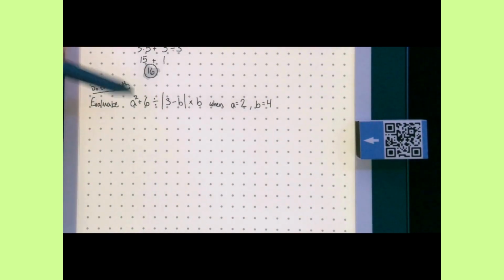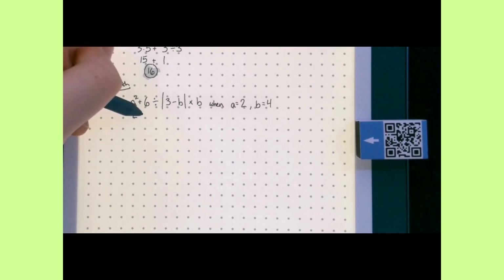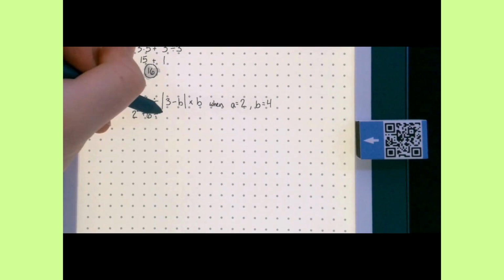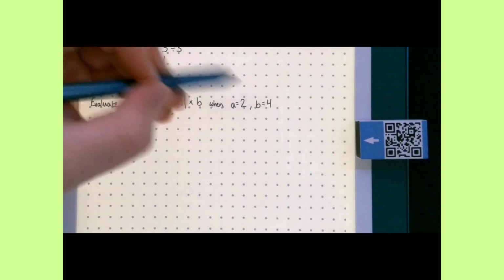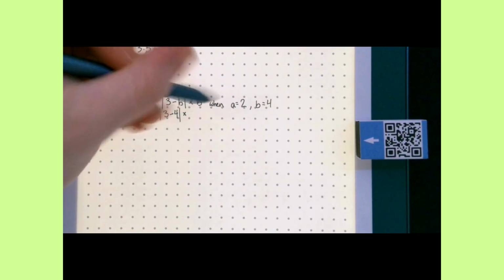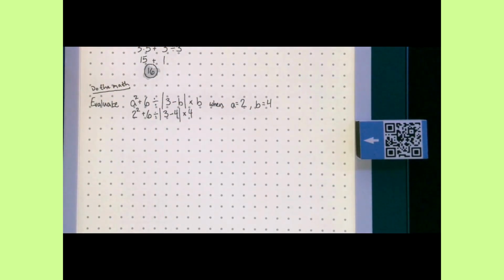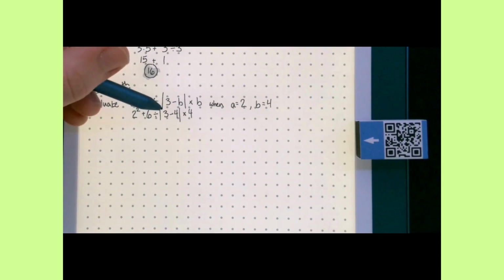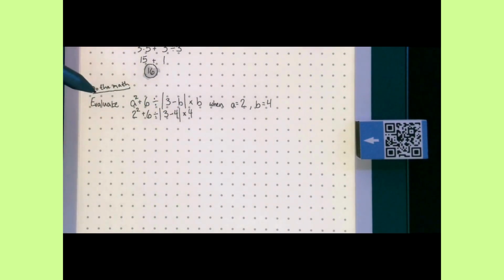So wherever I see an a, I need to write a 2, and it's squared, plus 6 divided by the absolute value of 3 minus, wherever there's a b, I write a 4, times, there's a b, so I write a 4. So that's 2 squared plus 6 divided by the absolute value of 3 minus 4 times 4.